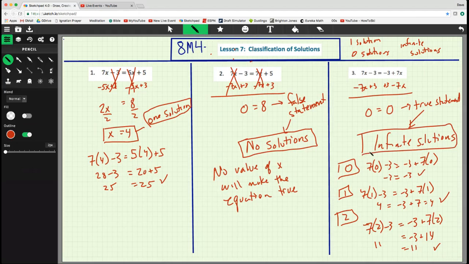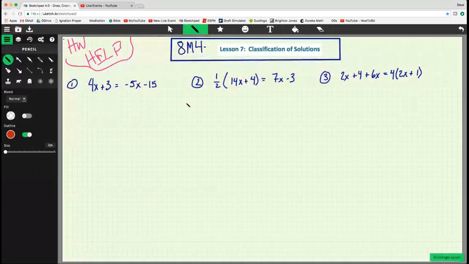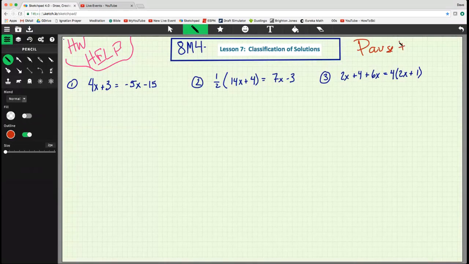And that's how we characterize our 3 problems from the lesson today. Now we're going to move on to some homework help. And I'm going to let you pause and try. These are a little bit trickier than the ones we just did because these require you to do a little bit more math before you get your answer.